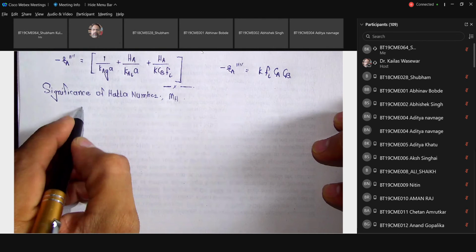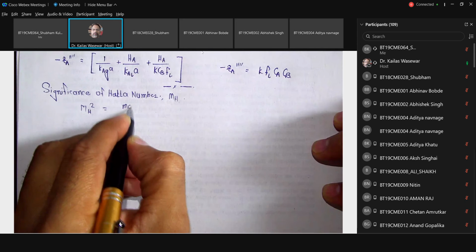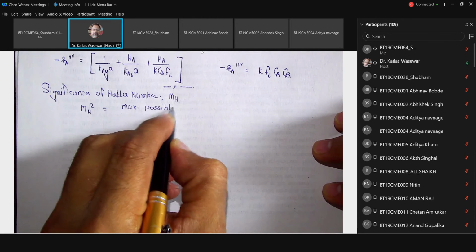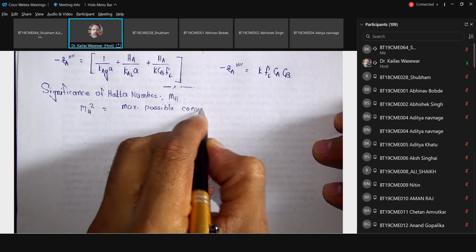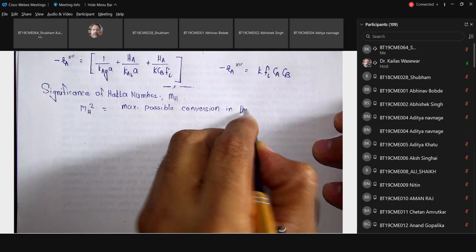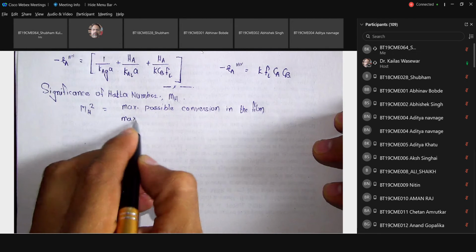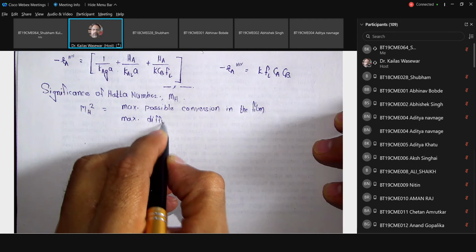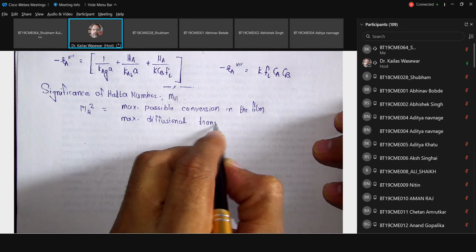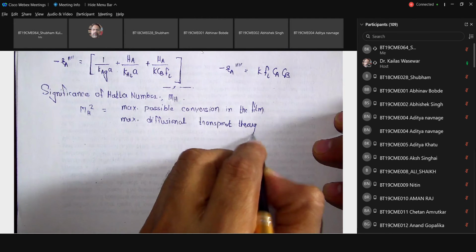So MH square we define, as we have already seen, as the maximum possible conversion in the film divided by the maximum diffusional transport through the film.